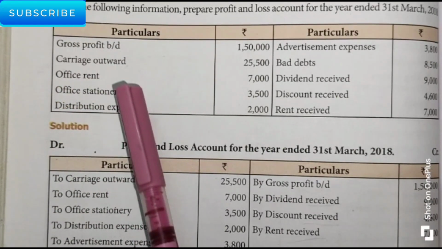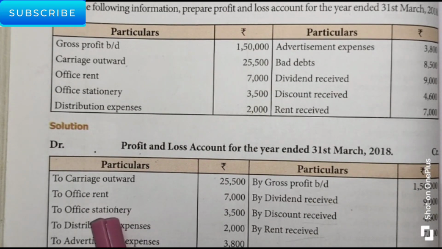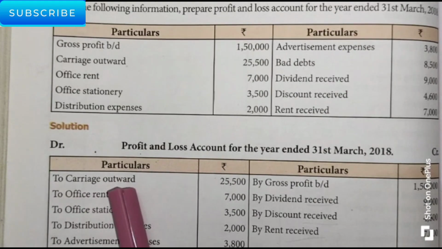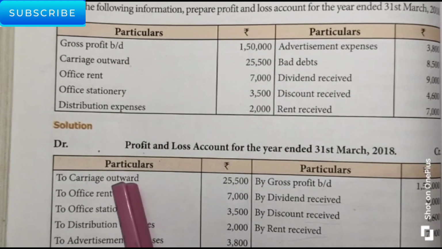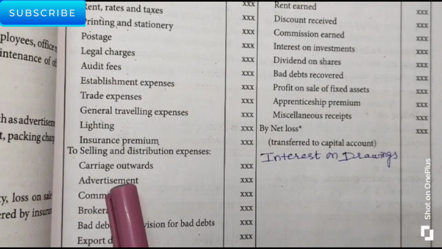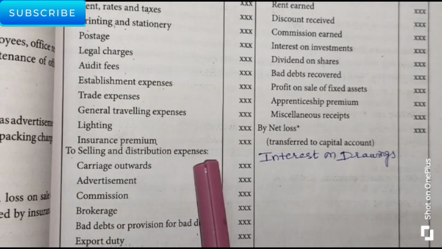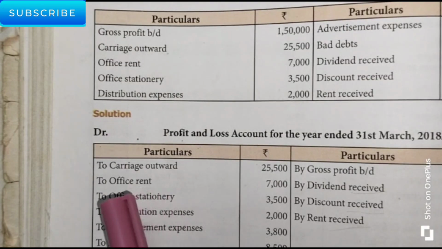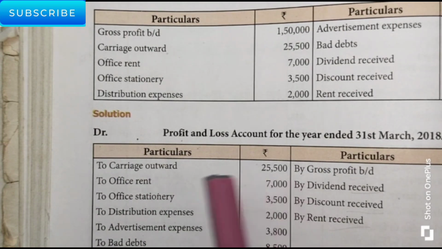Carriage outward is entered on the profit and loss account. As per the profit and loss account format, carriage outward is a selling and distribution expense, so it is entered on the debit side.